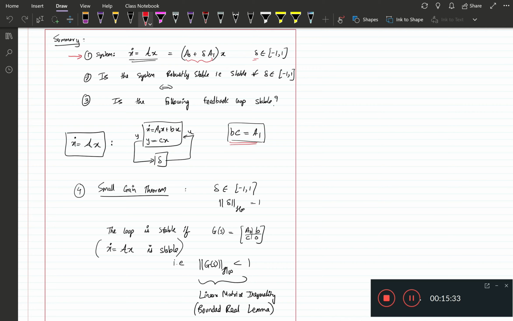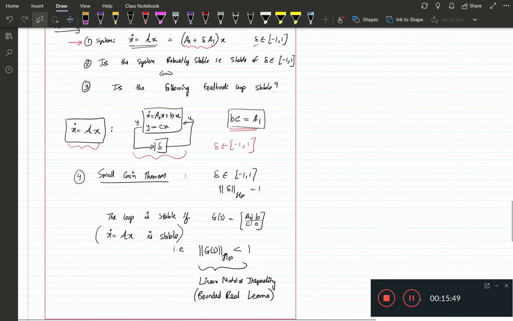So this uncertain system can be represented by this feedback loop, and now we can study the stability of this feedback loop for delta between -1 and 1, and this is where the small gain theorem helps us.